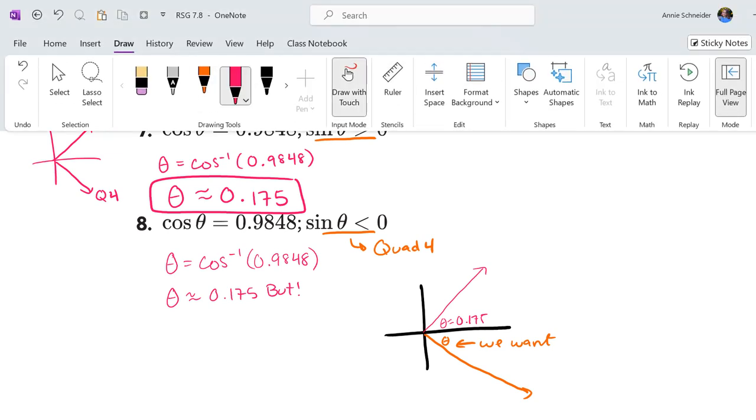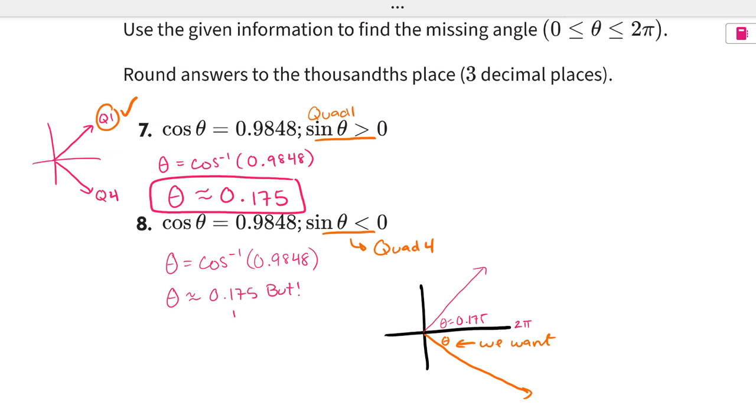If we know that the whole circle is 2 pi, what we're going to do is 2 pi minus 0.175, because that's how far below 2 pi we are. And I'm going to make sure I keep that number in my calculator so that it's as exact as possible. So if I add 2 pi to negative 0.175, let's do it in my calculator to be exact, I get theta is about 6.109.